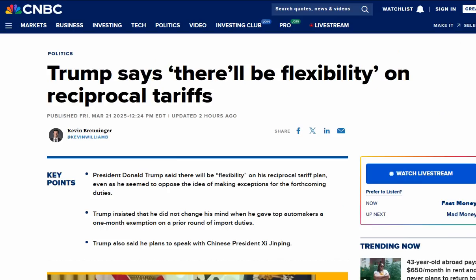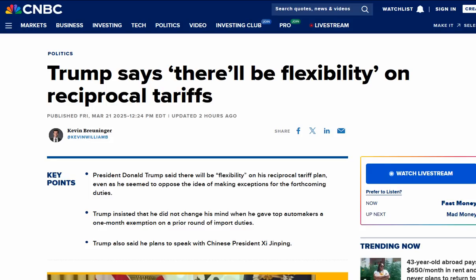During this session, we had, I guess you might call it, some good tariff news. Trump came out and said there will be flexibility on the reciprocal tariffs, and again, they're expected to come on board April 2nd. And again, the narrative in the media and on social media is that we're going to get these tariffs and the stock market's going to collapse and it's over and that's it, and we're just going to have these tariffs and nothing's going to be done.